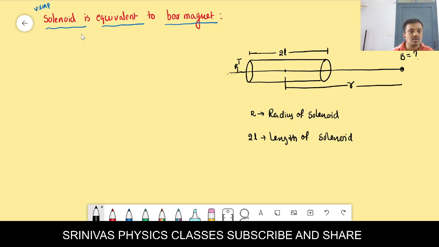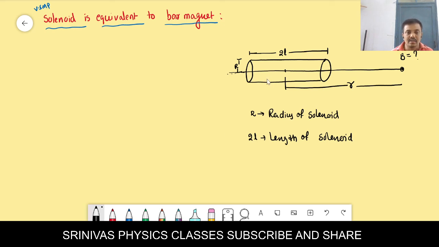Previously, in the last topic, we proved that a current carrying coil behaves like a magnet and is equivalent to a magnetic dipole. Now today we are going to prove it in the case of a solenoid. The solenoid is also exactly equal to the bar magnet or the magnetic dipole. I have to show that.